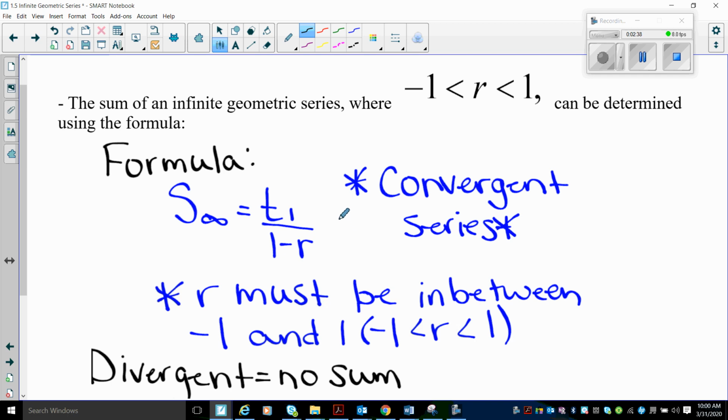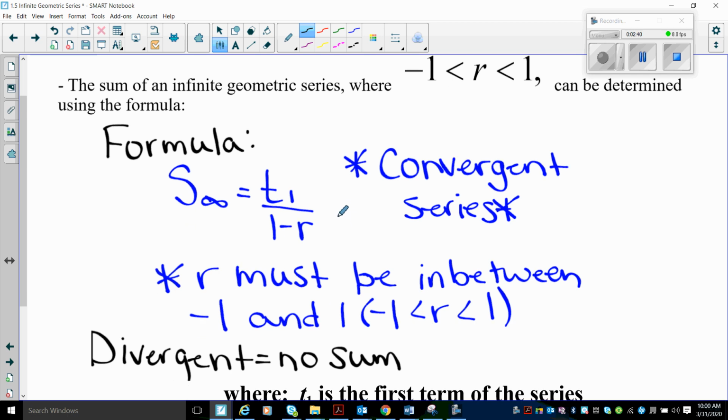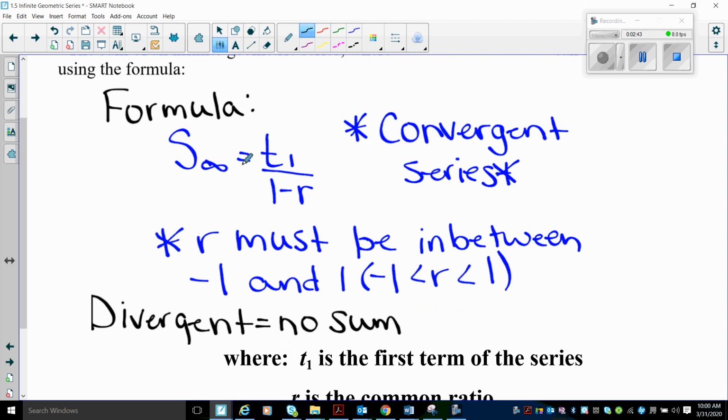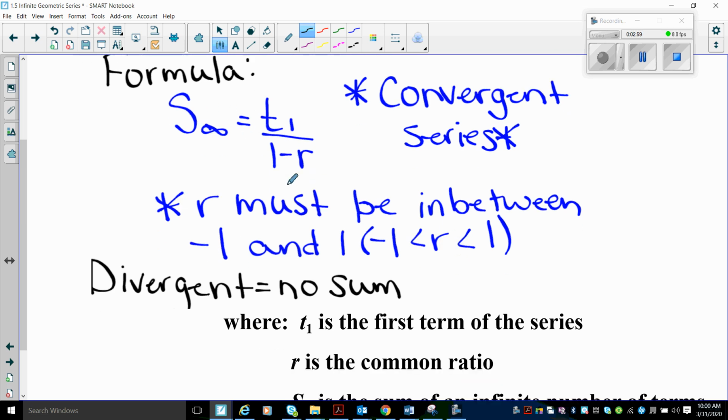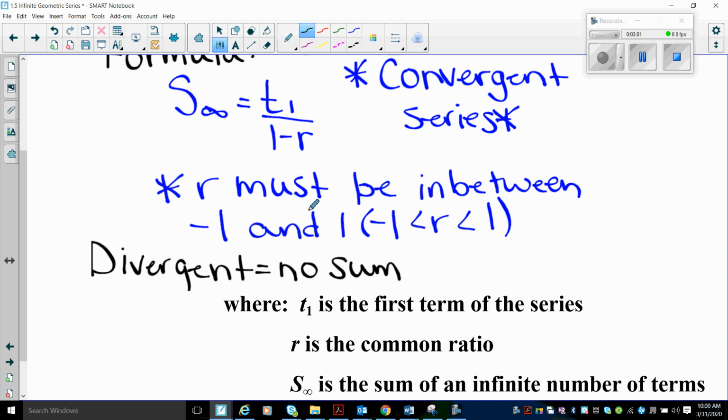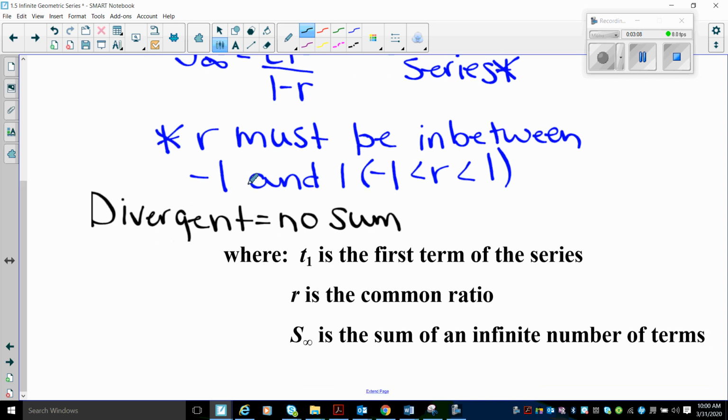If r is between these two numbers, you use this formula: the sum of the infinite series, S infinity, is equal to T1, the first term, divided by 1 minus r. T1 is the first term, r is what it's going up by, and S infinity is the sum of your series. Again, this is super important, hence the star: r must be between -1 and 1 to use this formula. If it is not, then you say it's divergent and there's no sum.